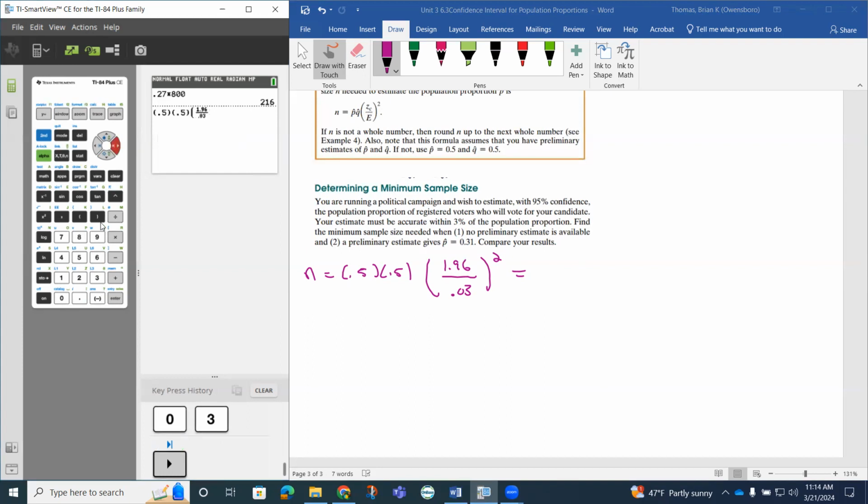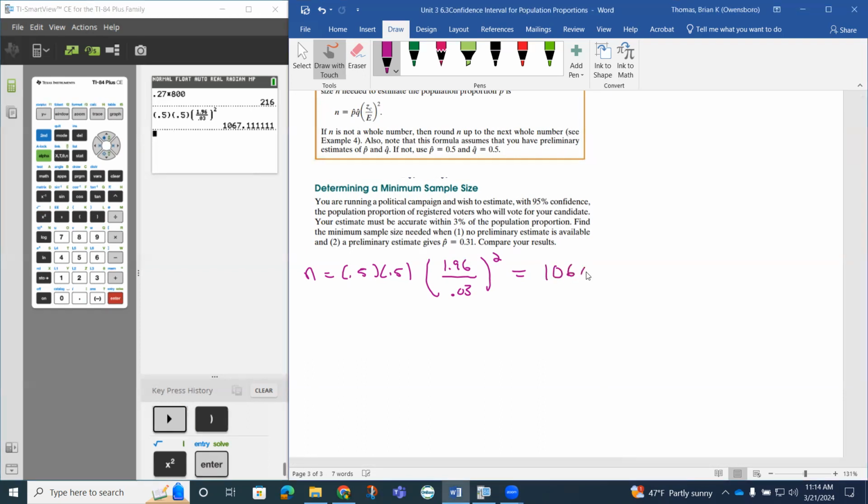Come out of there and square that. Hit enter. So if we round it up to the next whole number, that's going to be 1068. So our minimum sample size would be 1068. So I would be 95% confident that 50% of these voters would vote for my candidate with a 3% margin of error.